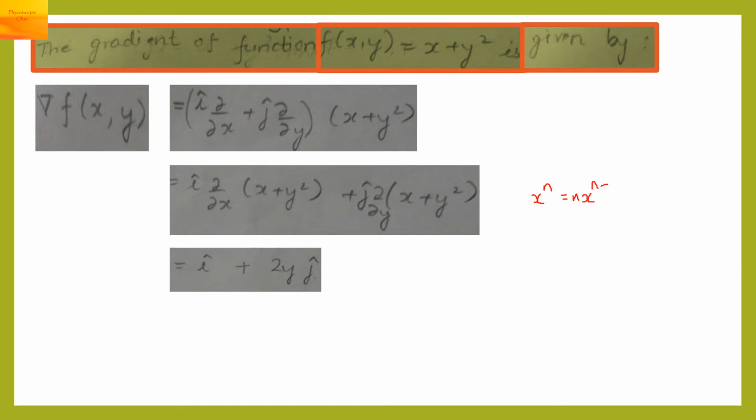So this formula we are using to differentiate. In the same way here, if you differentiate x with respect to y, that will be 0, and we differentiate y squared using the same formula, so that will be 2y. So the final answer is i cap plus 2y j cap.